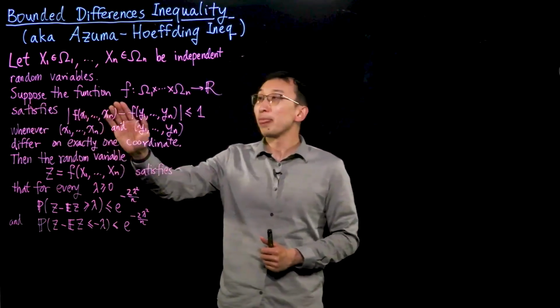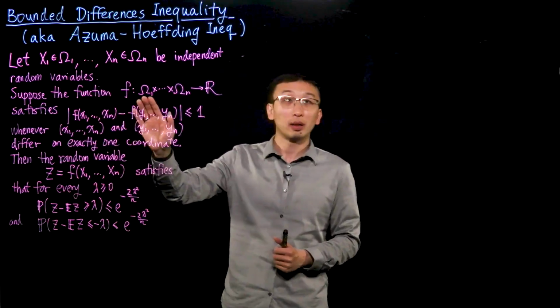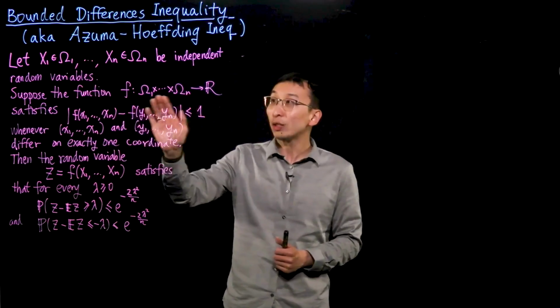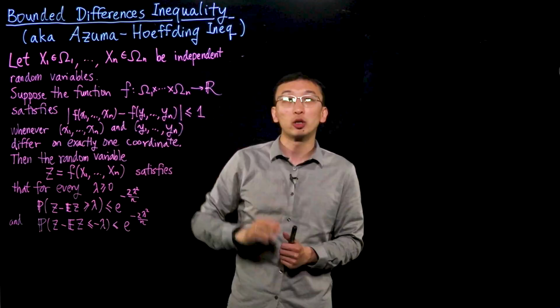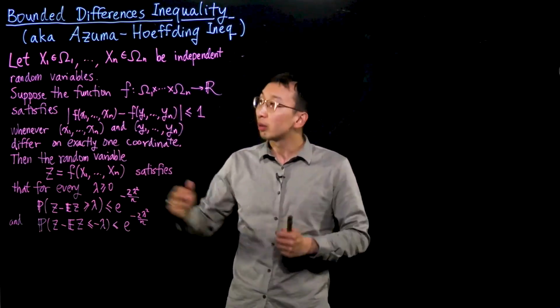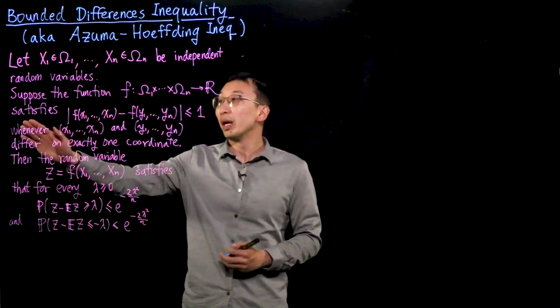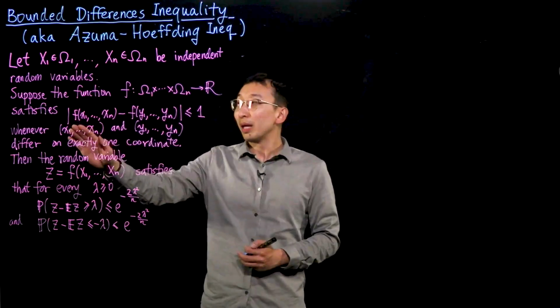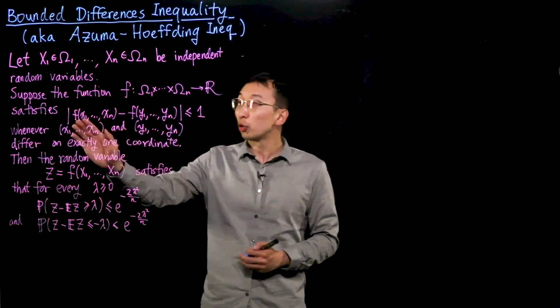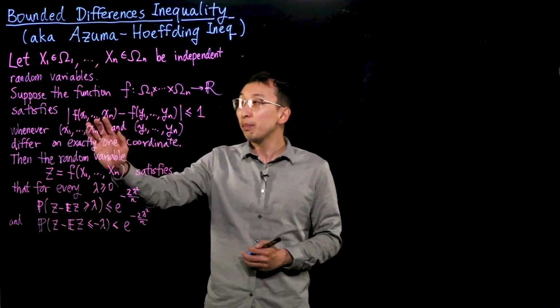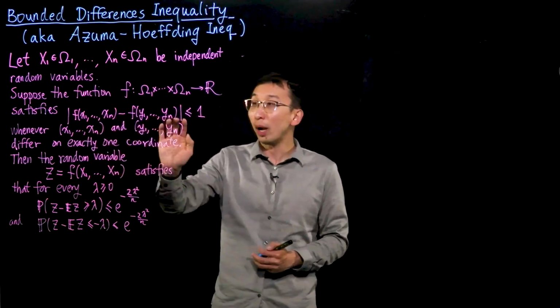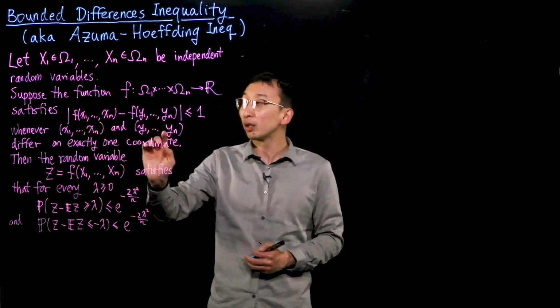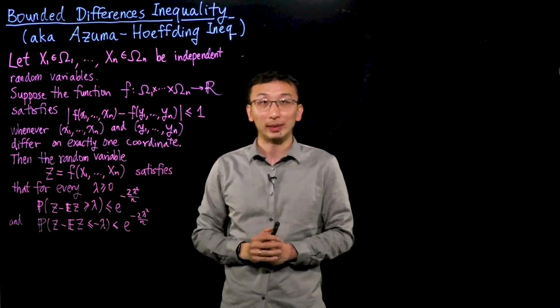We have a function f, which takes as input n coordinates and outputs a real number. And the hypothesis of this theorem is that this function f satisfies the following property: if we look at two different outputs of f on inputs x and y, such that x and y differ on exactly one coordinate, right?